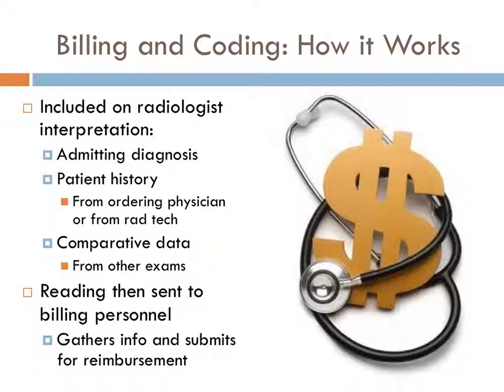They then gather and provide information from what is included in the report, which includes the type of study, body parts, number of views, administration of contrast, patient history, and diagnosis. You can see why it is extremely important that the correct information be included on the information sent to the coders, since they can only go off of what information is provided to them in order to ensure the billing is accurate and complete.